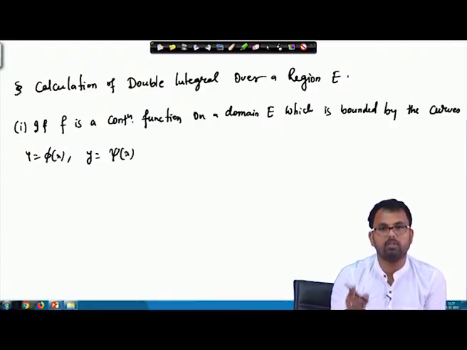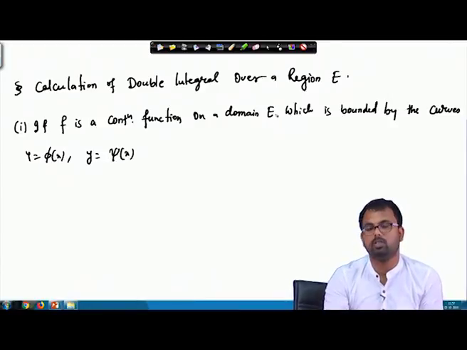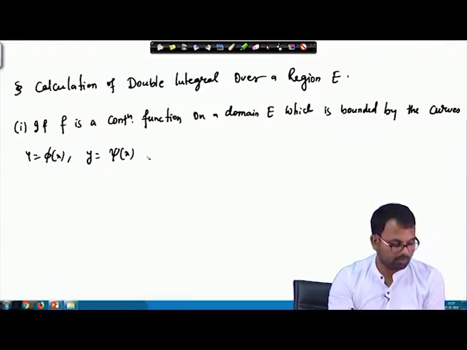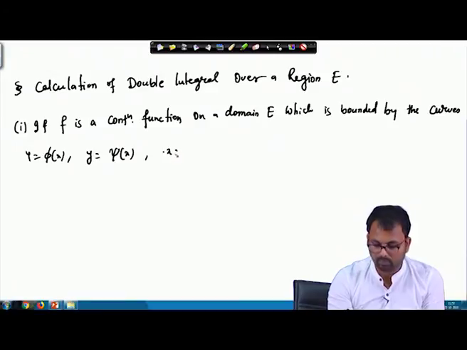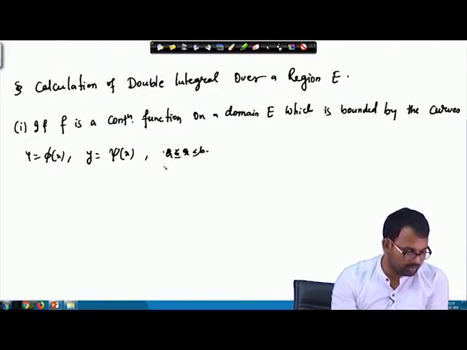So, these two are the curves that are defining the region or the domain E, where a is less than or equal to x less than or equal to b.